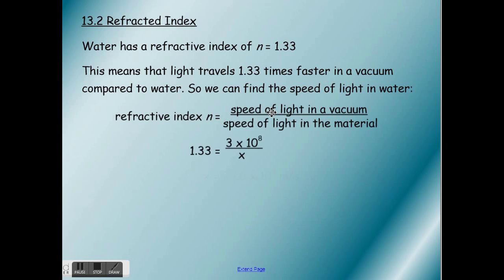So 1.33 equals 3 times 10 to the 8 over x, x being our speed of light in water. Then we just solve this, and we get 2.26 times 10 to the 8 meters per second. So that's 226 million meters per second. That's how fast light travels in water.